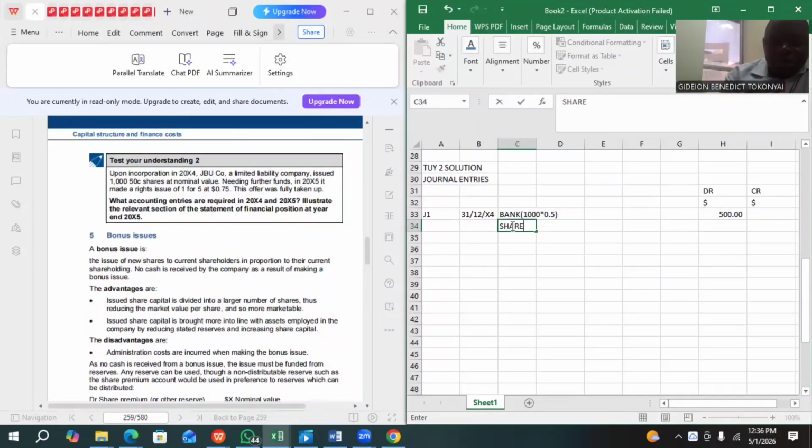Then we credit share capital, which is at its nominal value. We open a bracket: 1,000 multiplied by 50 cents, being 0.5. So we credit 500. The narration of this journal is: issue of shares at nominal value.